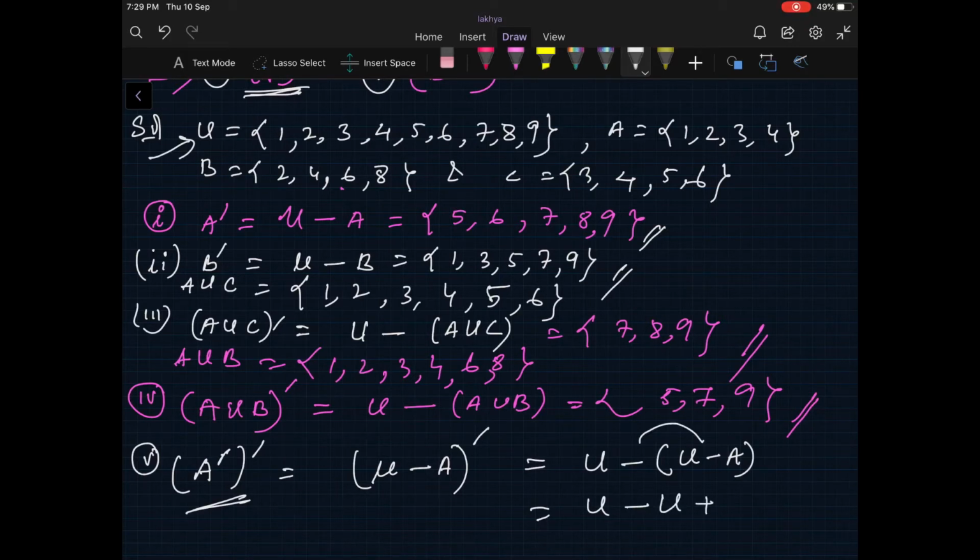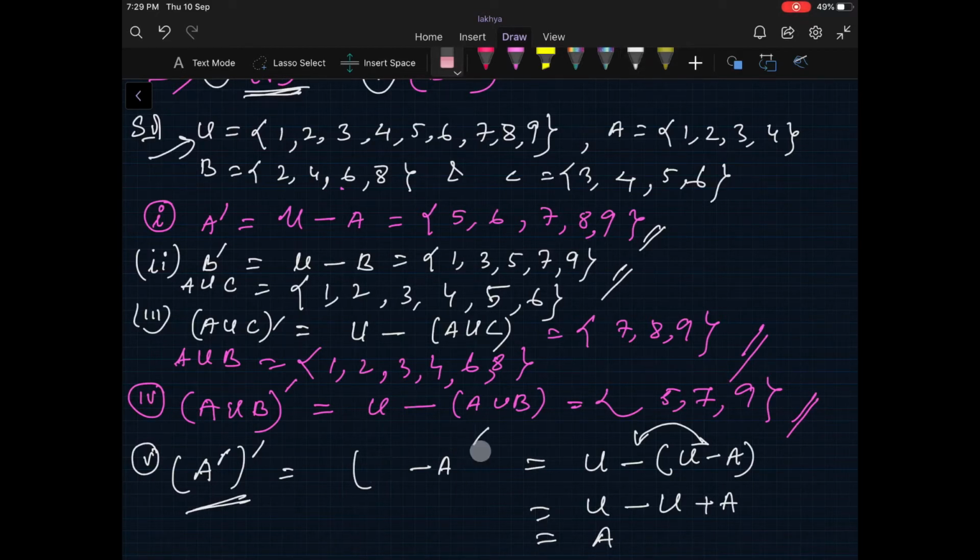That will be U minus U minus A, minus minus is plus, so it is plus A. So that gives set A. It's very simple. Hope you have understood how to find double complement of set A.